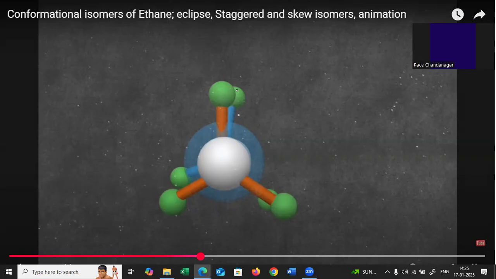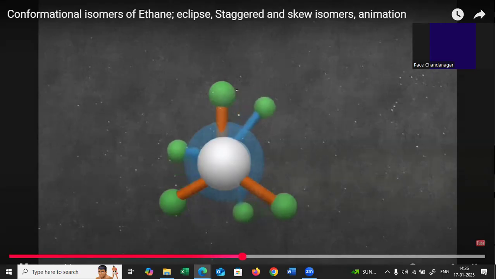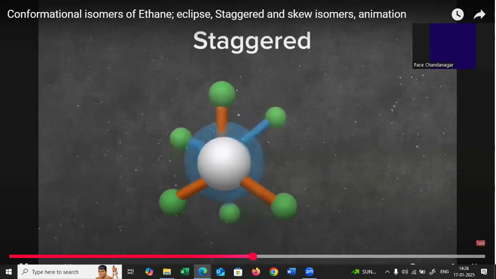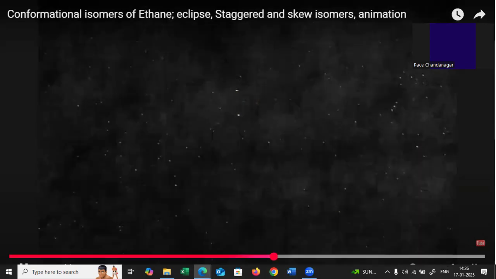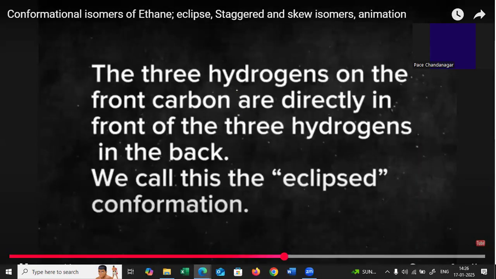But as it is rotating, I'm removing the pause now. As it rotates, again you will see the skew here. It is like a staggered configuration. That is what we talk about. Eclipsed is when the three hydrogens on the front carbon are directly in front of the three at the back. This one we have just now discussed, right?